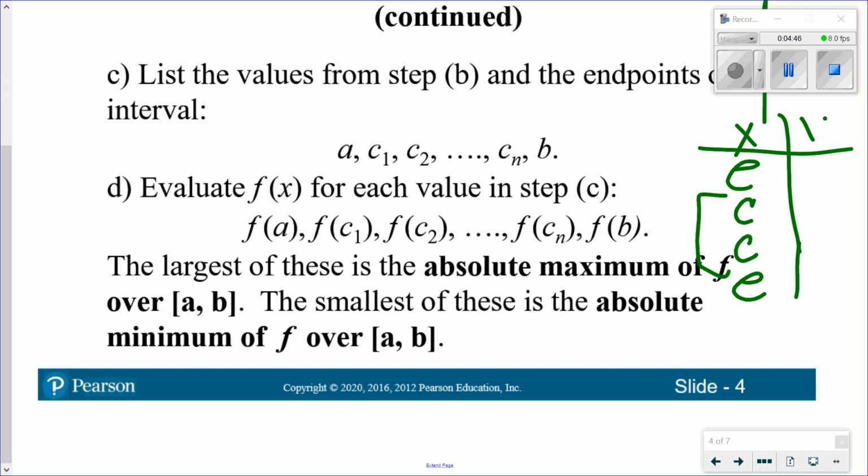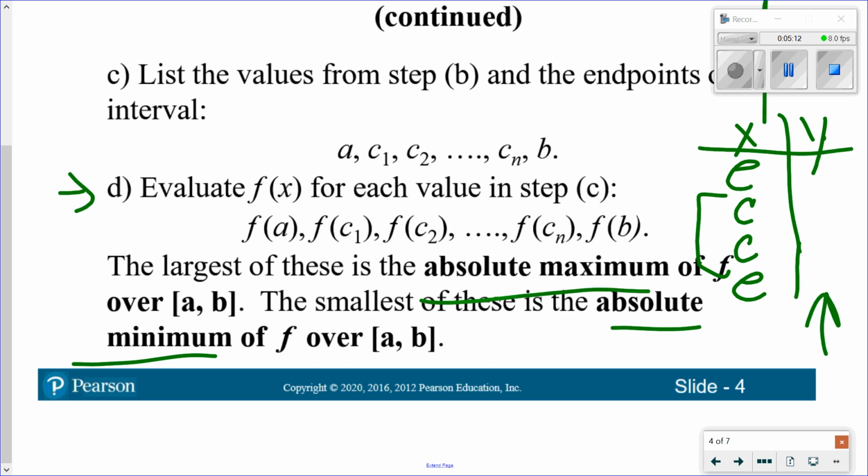I go to my table of values and get the y values. So the last step is to get all of these y values that go in this column. Whatever y value is the biggest, that's going to give you your absolute max. Whatever y value is the smallest, that gives you your absolute min over this closed interval.